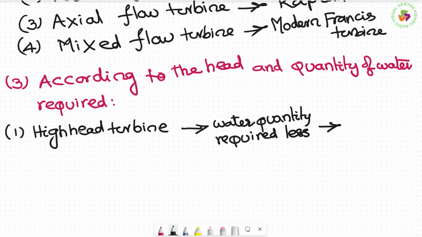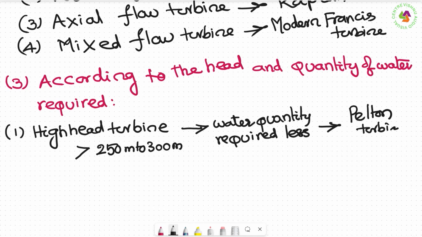The head may be, for example, greater than 250 to 300 meters. If that much head is available and the quantity of water required is less, then the example is the Pelton turbine. So high head, low discharge.